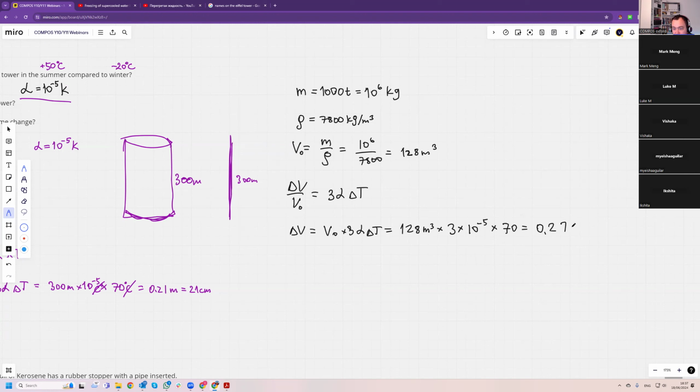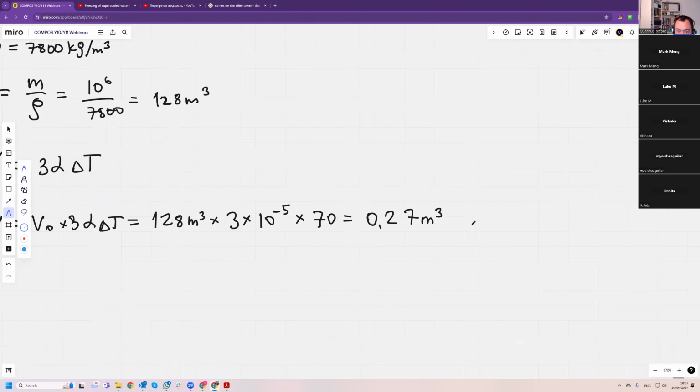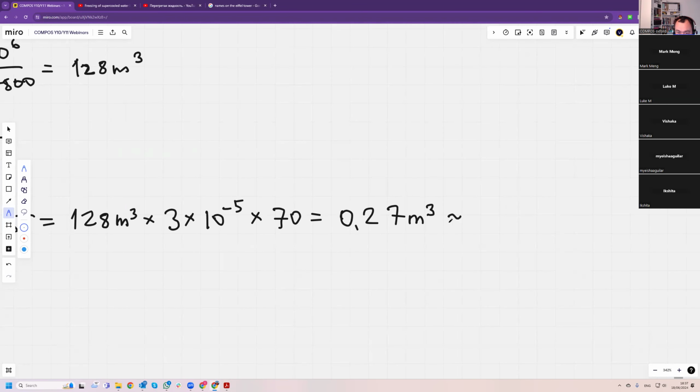0.27 cubic meters. That doesn't sound like a lot, but it's actually 270 liters. So if you imagine 270 liters, that's probably about two full bathtubs of extra volume. Can you imagine?